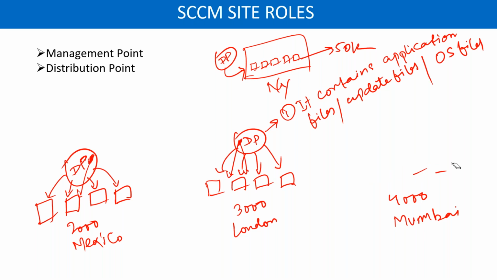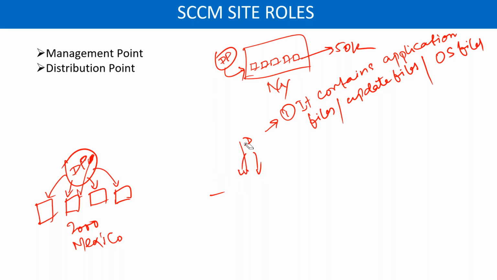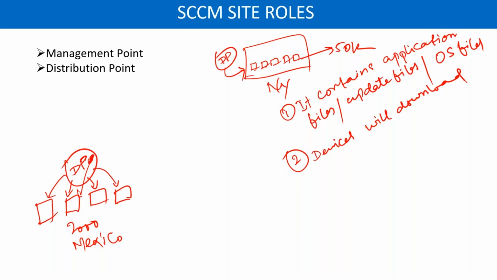Point number 2: whatever the devices, let's say you have 20,000 devices or 200,000 devices, devices will download content from the distribution point.